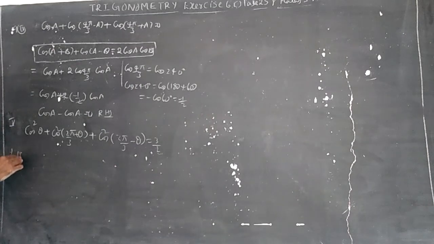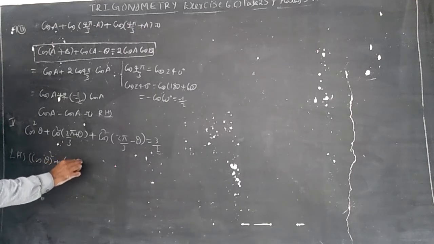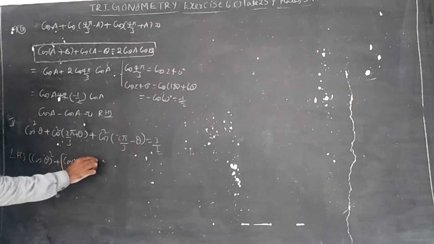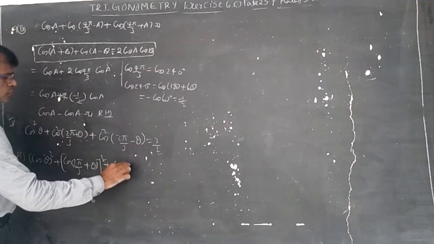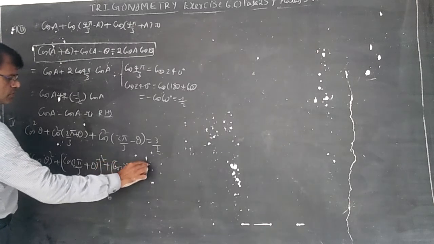Taking LHS, right here cos theta whole square plus cos of 2 pi by 3 plus theta whole square plus cos of 2 pi by 3 minus theta whole square.